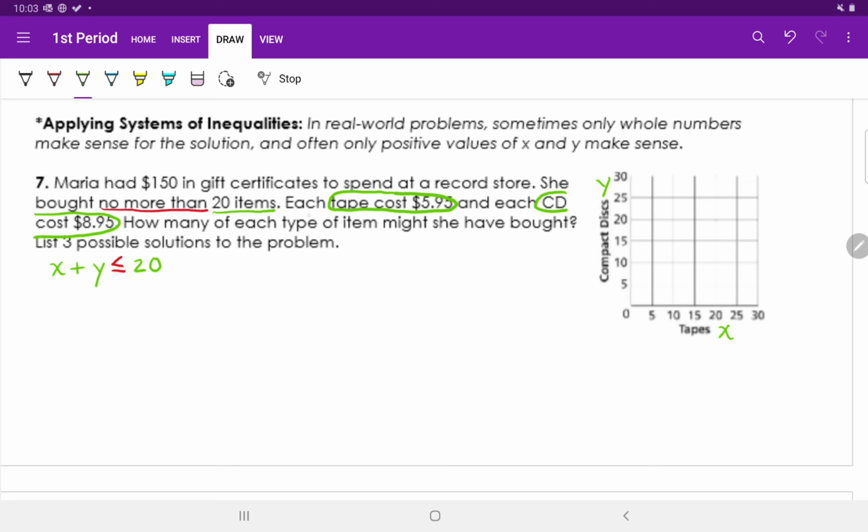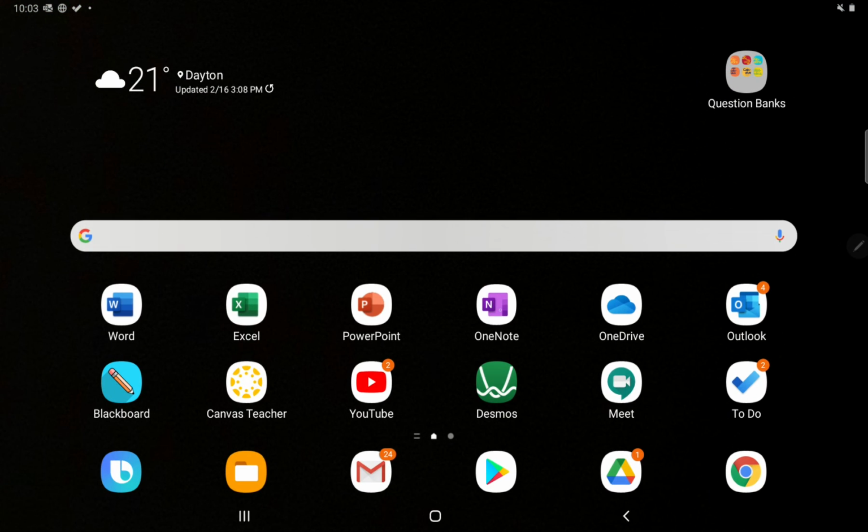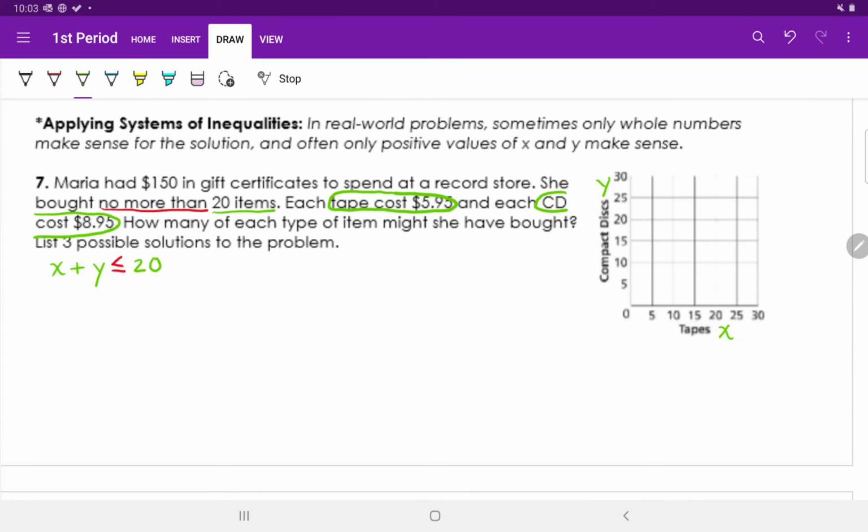The third sentence helps us figure out how much each tape and each CD costs. So let's think about the total amount of money that Maria spent. If she spent $5.95 per tape, that would be 5.95 times x, where x is the number of tapes. CDs cost $8.95, so 8.95 times the number of CDs represents how much money she spent on CDs.